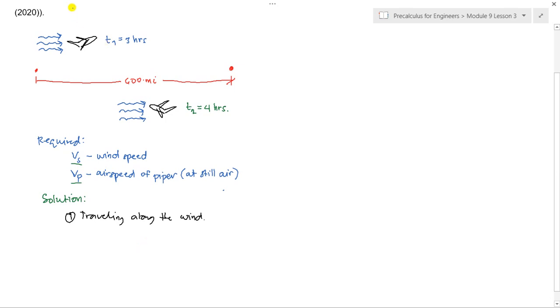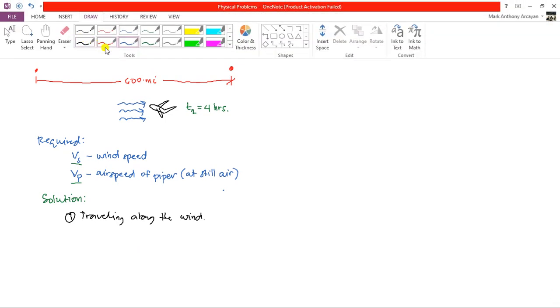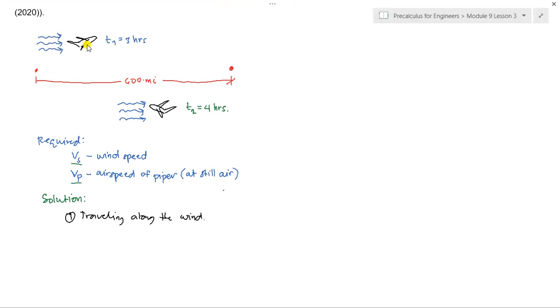If I draw vector quantities here, let's say this is the velocity of the wind, Vs, then the velocity of the Piper.